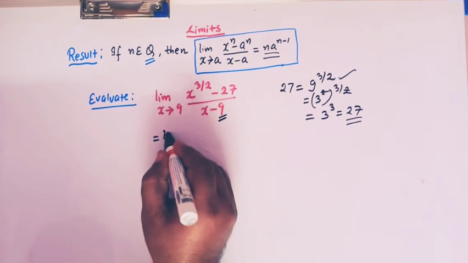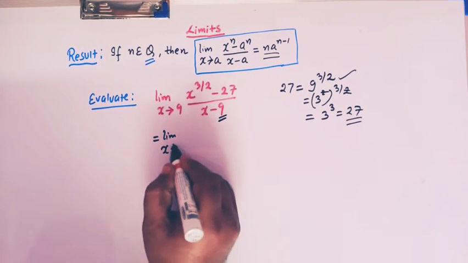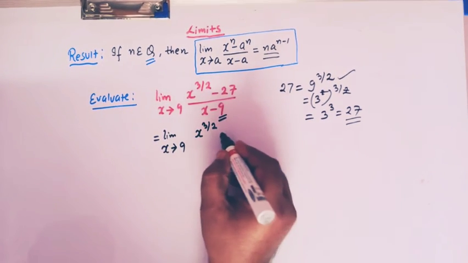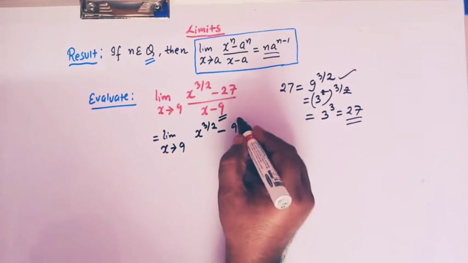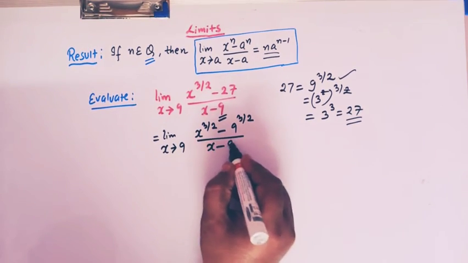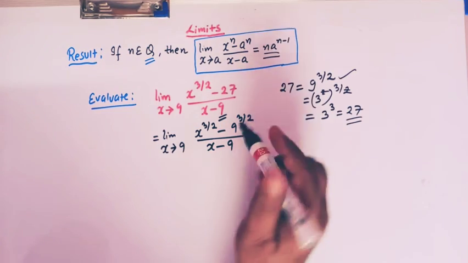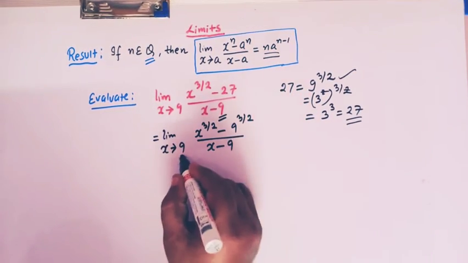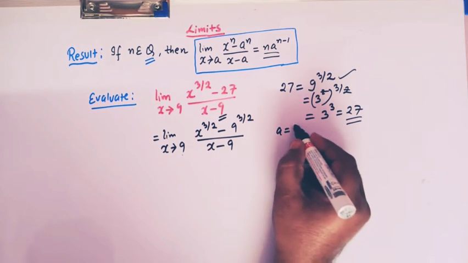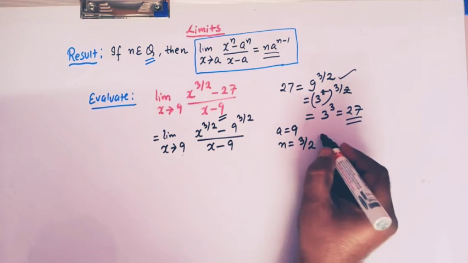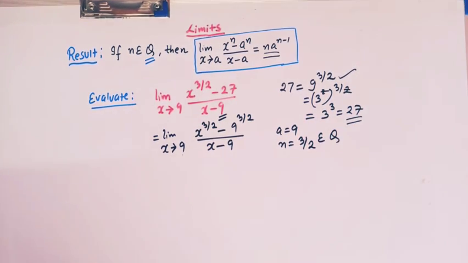So now we can write the limit as x tends to 9 of (x raised to 3 by 2 minus 9 raised to 3 by 2) divided by (x minus 9). Now if we compare these two expressions, we see that the value of a is 9 and n is 3 by 2, which is a rational number.